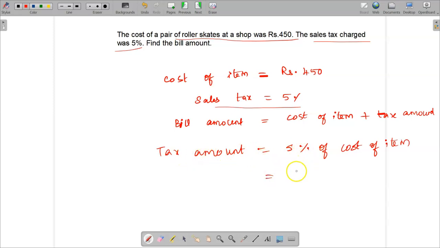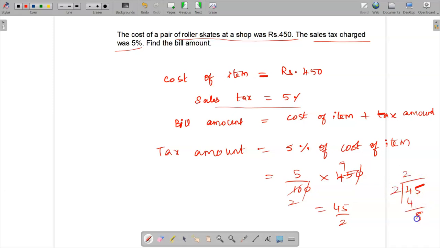So 5% is nothing but 5 by 100 into the cost of the item. Cost of the item is 450. So the zeros get cancelled, 5 2s are 10, 9 5s are 45. Again 9 5s are 45. 45 divided by 2. When you divide this number by 2, 2 2s are 4.